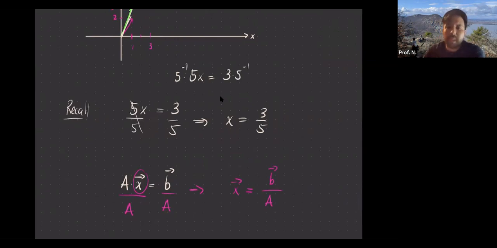And if you undo multiplication, what you're left with is something called the identity element, which is the number that when you multiply by it gives you itself. So in this case, the multiplicative identity is 1, of course, because 5 times 1 is 5. So you multiply by the multiplicative inverse so that you cancel out the 5.